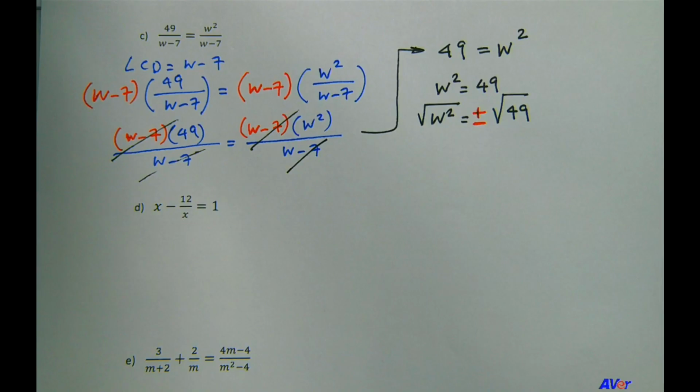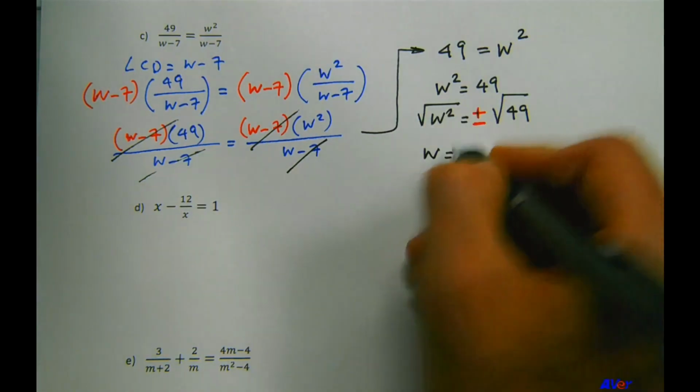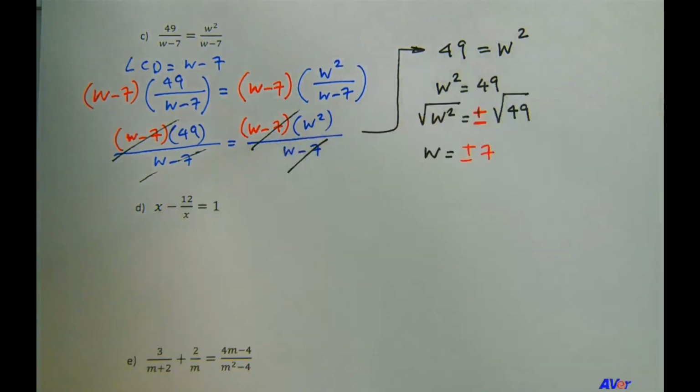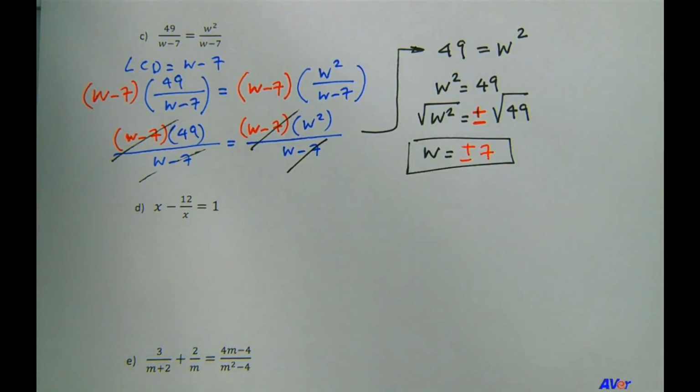So when you have some equation like this that relates to calculating a distance of some kind, the radius of a circle, the distance between 2 points, you will toss out the negative piece. Okay? But here we're not calculating distance, so we must accept both answers. So W is equal to plus or minus 7, like that. Okay?